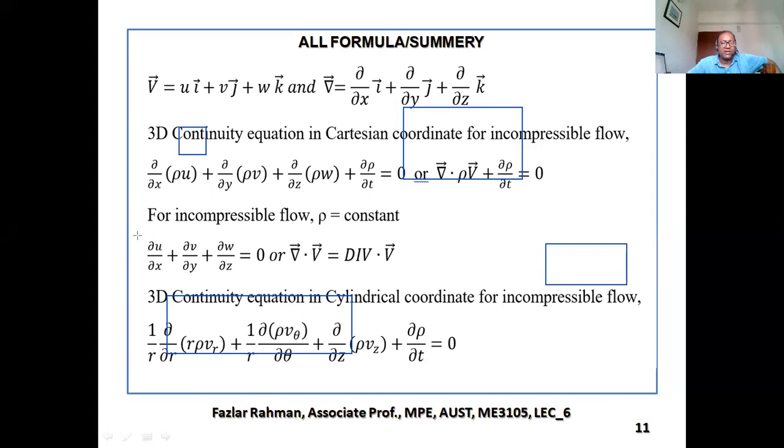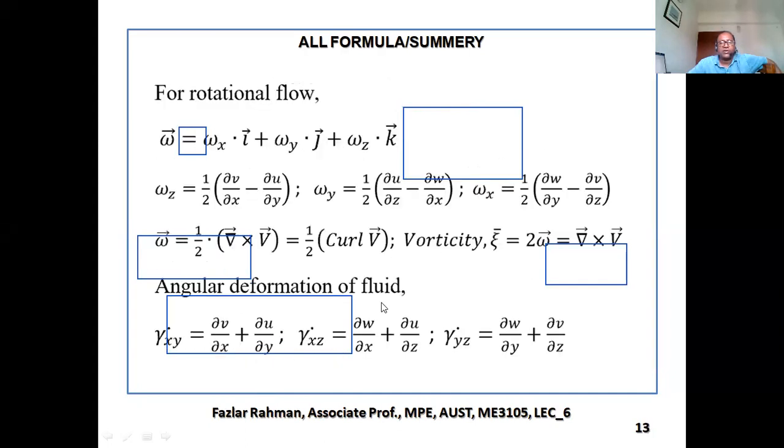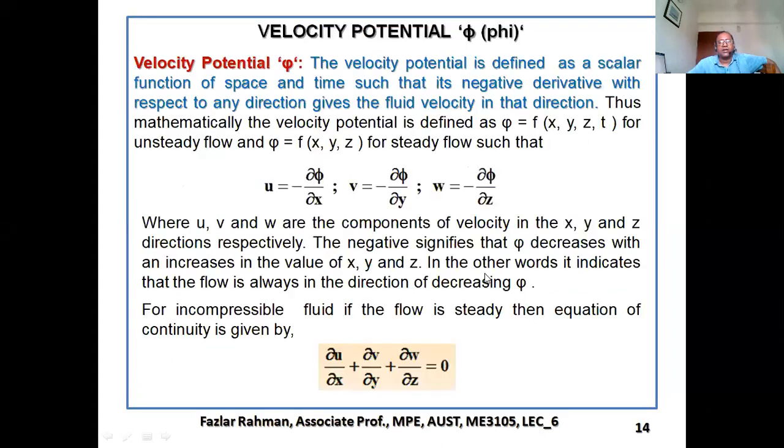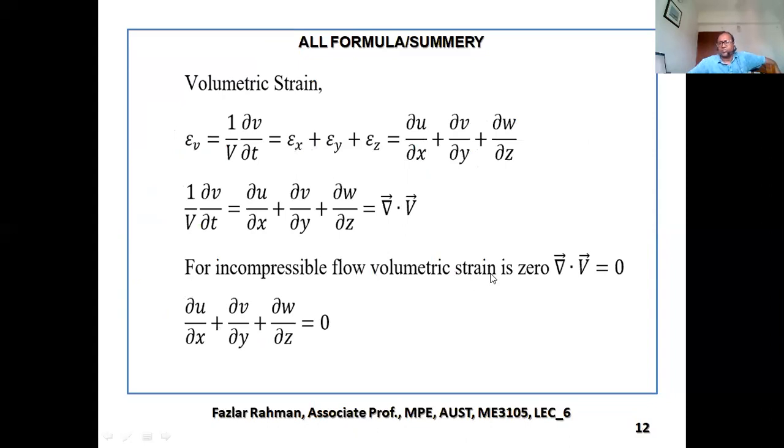So what does it mean? If an equation satisfies the continuity equation, that means there will be no increase of volume of the fluid, or no deformation of volume. Volumetric strain will be 0. So both are the same condition.